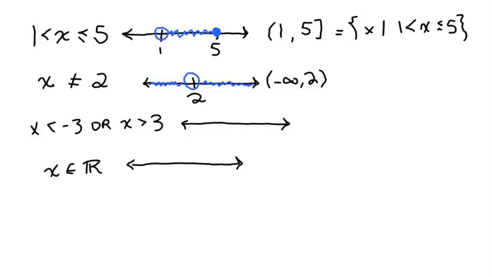And then a second bracket beginning at 2 and going up to positive infinity. To connect these two brackets together, I'm going to use the union symbol. It looks like a capital U. We could write this interval in set notation by saying this is the set of all x values satisfying x is not equal to 2.